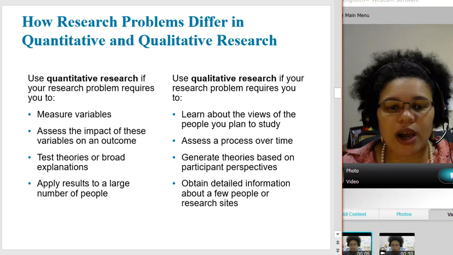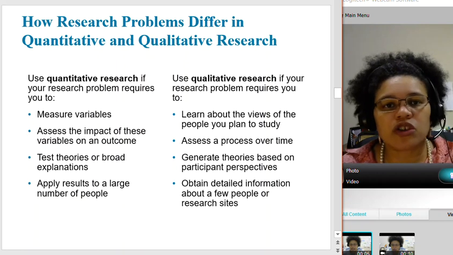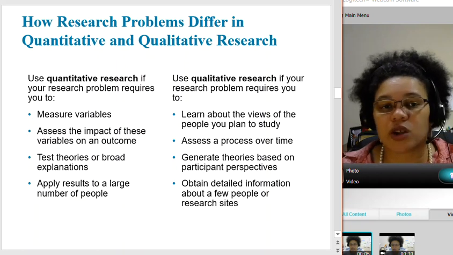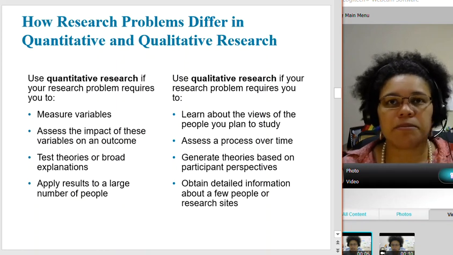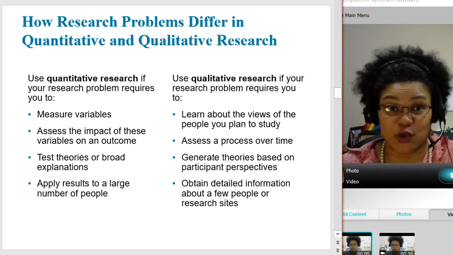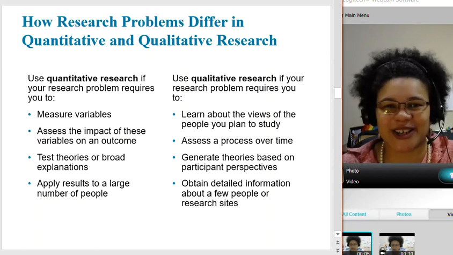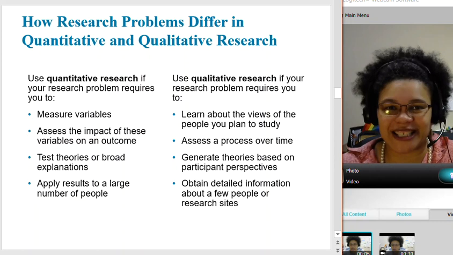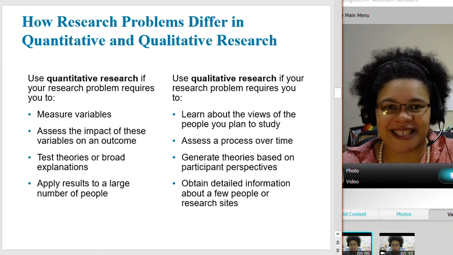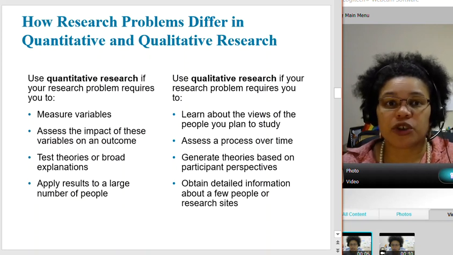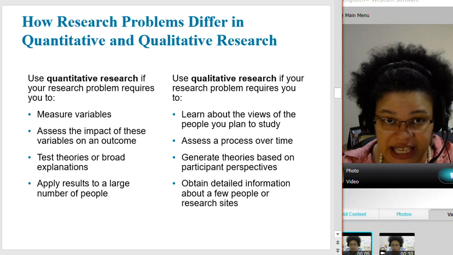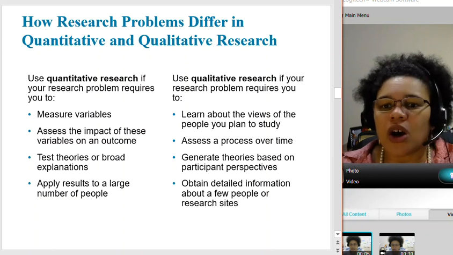But quantitative research also, you use it when you want to apply your results to a large number of people. And by large, usually we're talking about either a very large school, okay, so with at least maybe several hundred students, or to a district, to an education service area, to a state, to the nation, okay?